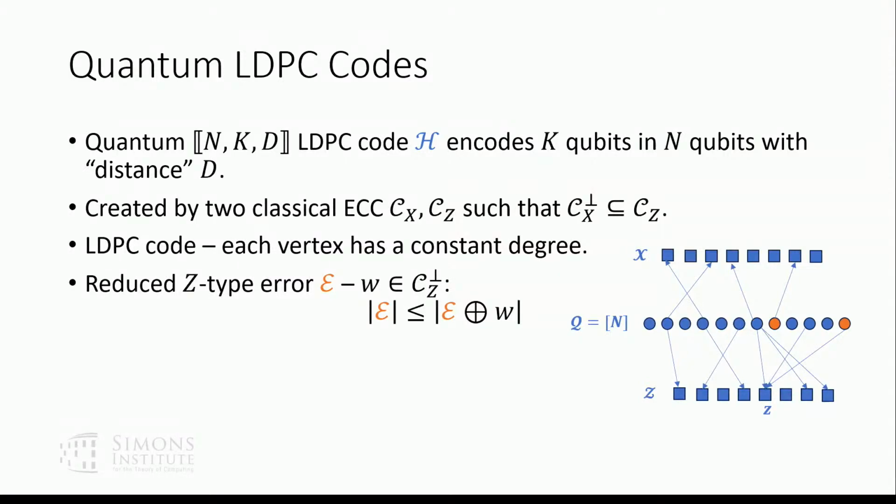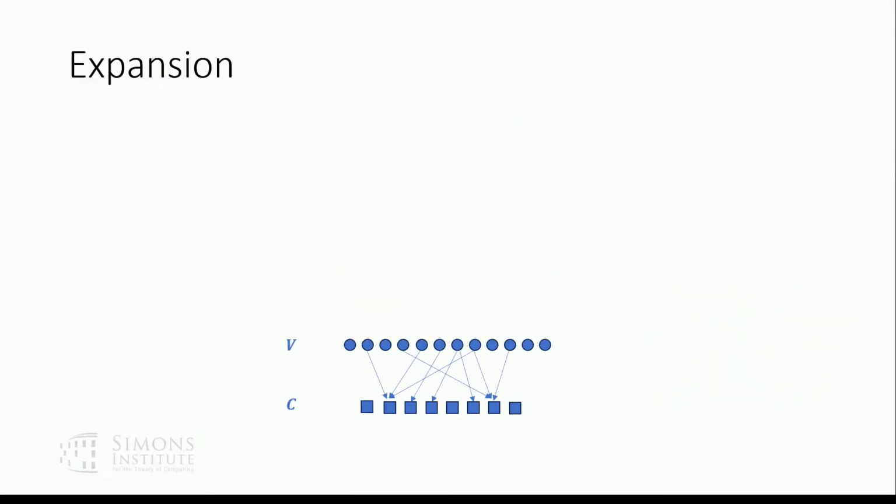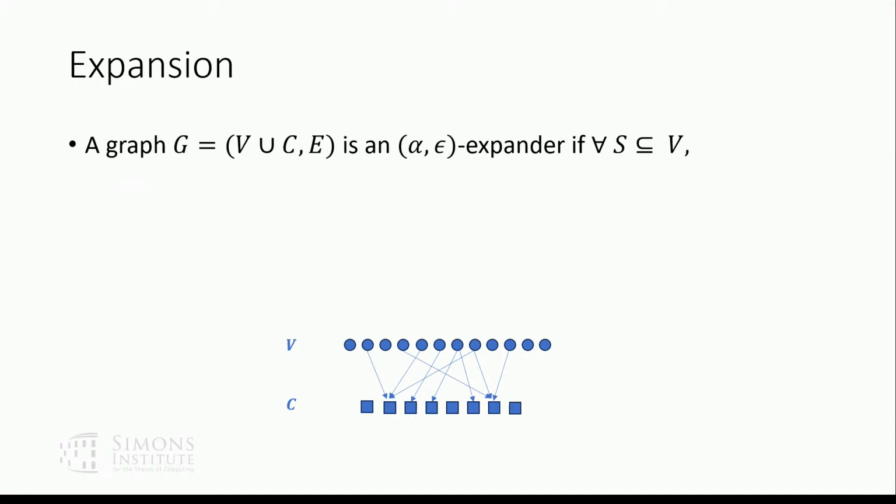OK, so now, in order to do both classical and quantum decoding, we need the graph to be an expander, specifically a vertex expander. So what do I mean by an expander? A bipartite graph is an (alpha, epsilon) expander if for any set of vertices S in the V side, it has many neighbors. And when I say many neighbors, I mean nearly the maximal number of neighbors it can have.